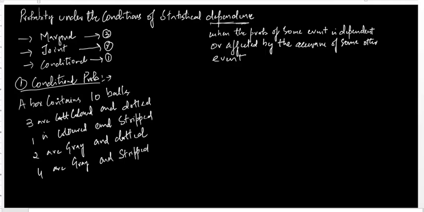I am given these 10 balls and they are distributed as follows: 3 are colored and dotted, 1 is colored and striped, 2 are grey and dotted, and 4 are grey and striped.